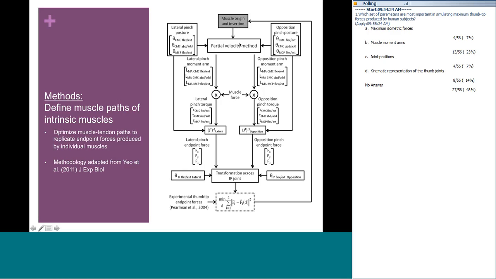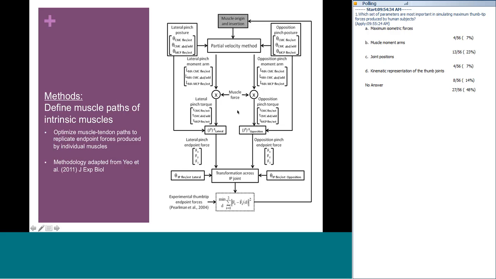We use the partial velocity method, which is similar to the tendon excursion method for estimating moment arms from the change in muscle tendon length relative to joint angle. We did this simultaneously for the lateral pinch posture and the opposition pinch posture because those are the postures we have the cadaver data for. And what we get out of this part is a set of moment arms when the thumb is in lateral pinch posture and a set of moment arms when the thumb is in opposition pinch posture.